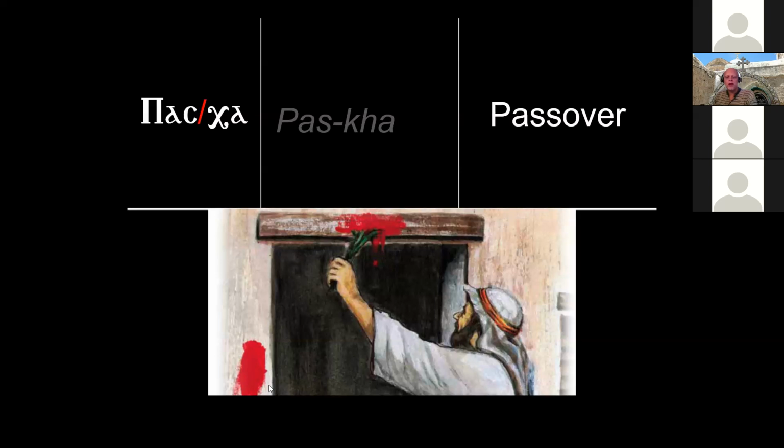This made the sign of the cross, because you have blood on top, which also spills to the bottom, and blood on both sides. And the Lord said, I will see the blood and I will pass over that house. So that's where the word Passover comes from. So Pascha is Passover. Good job.